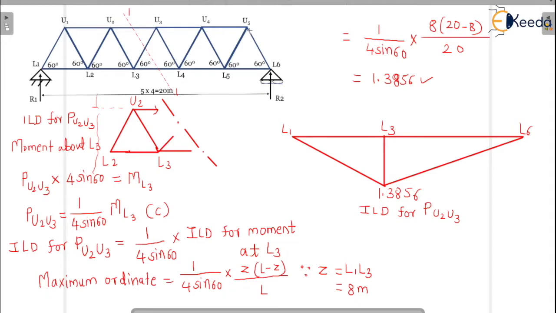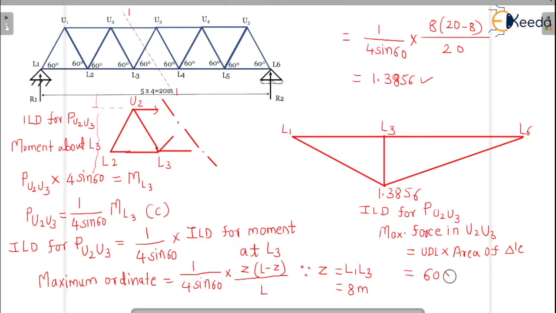The entire span means this whole span will be covered. So the maximum force in U2 U3 is equal to the UDL into the area of this particular triangle.